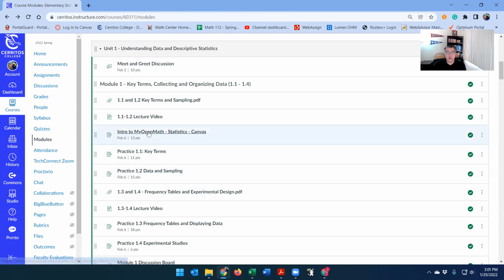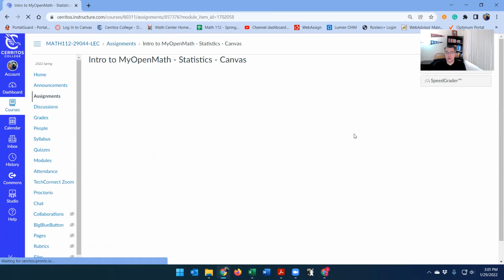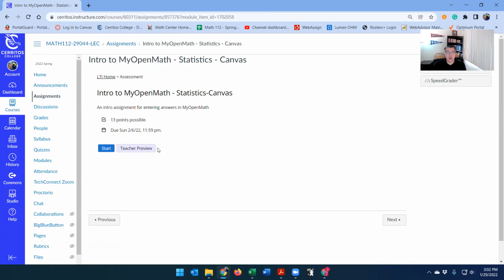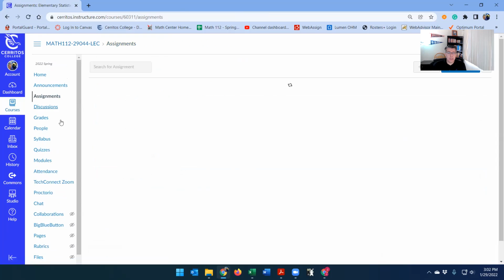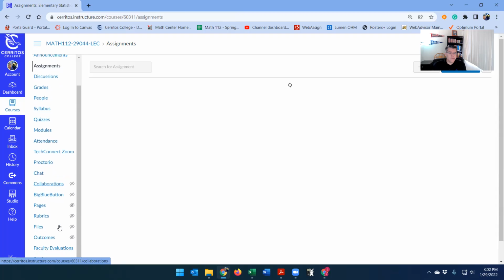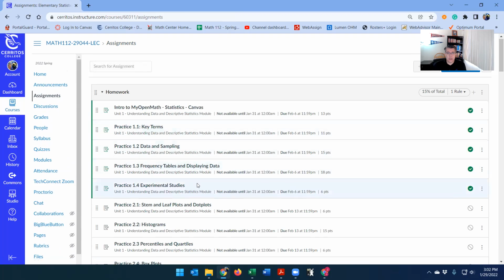Then when you go to do the homework, there's an intro to My Open Math, or Lumen OHM. You won't see this yet. It'll ask you to sign up and then pay a nominal fee. It's pretty cheap for access. You'll access all of that through here, and you'll have your weekly assignments. I think that's about it.